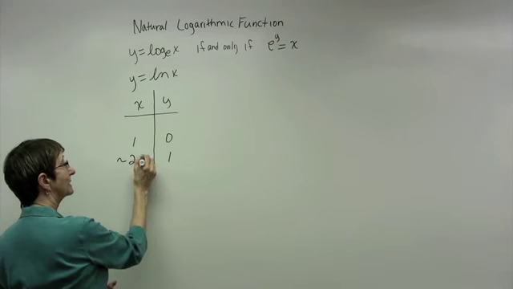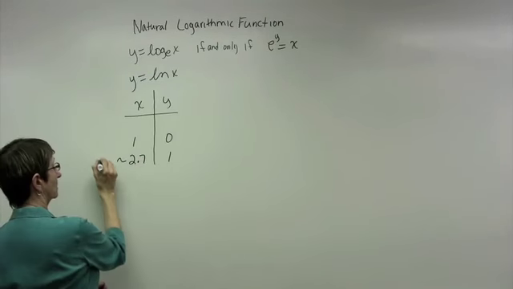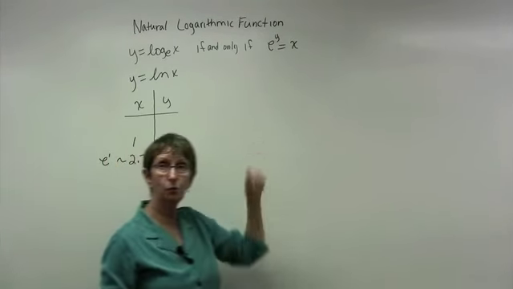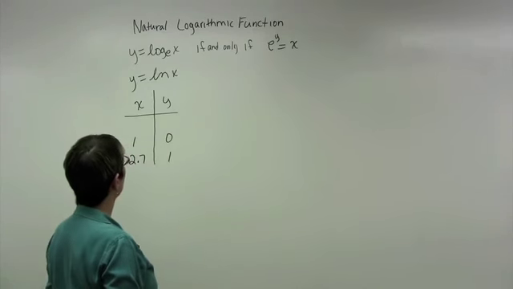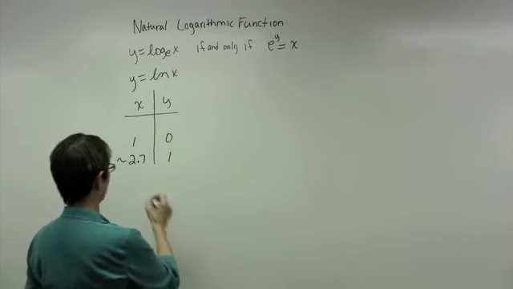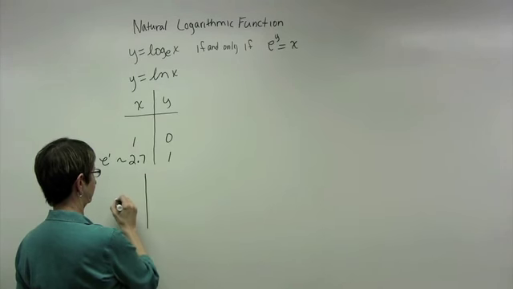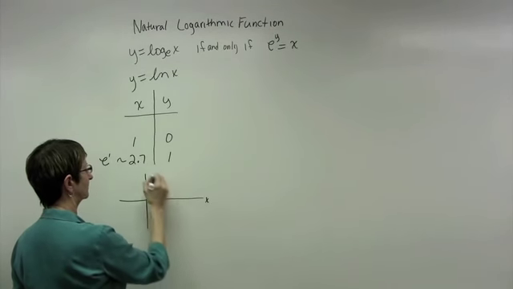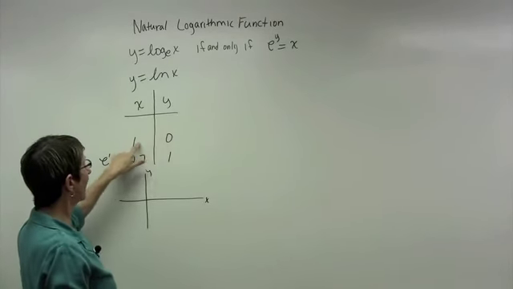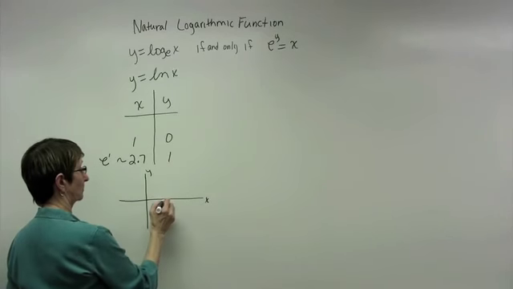So that's my x value when y is 1. Let's see what this looks like. So far, I have x equal to 1 and y equal to 0.